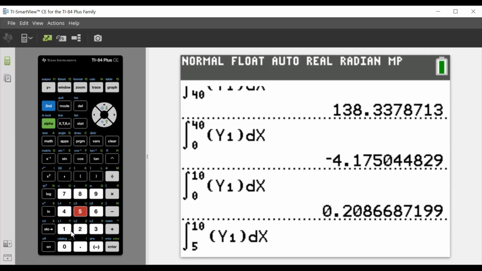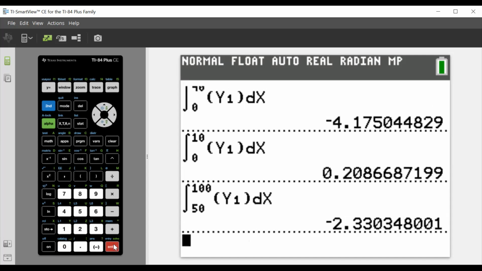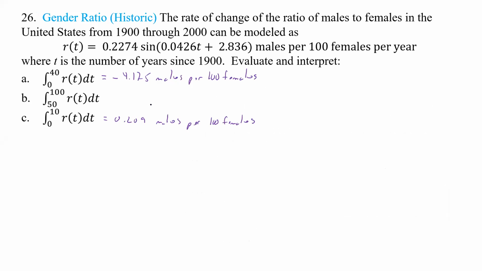So 50 to 100, negative 2.330 males per 100 females. All right, so interpretation. This one was from 1900 to 1940.